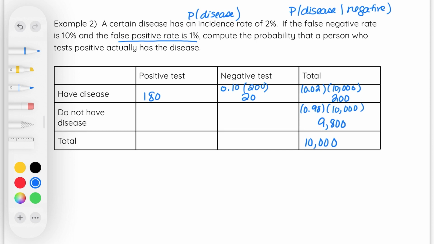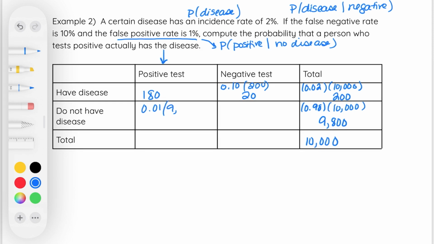And false positive rate, this is the probability that they are positive given that they have no disease, is 1%. So under the positive test category, they do not have the disease. And of course, the total in this column is 9,800.